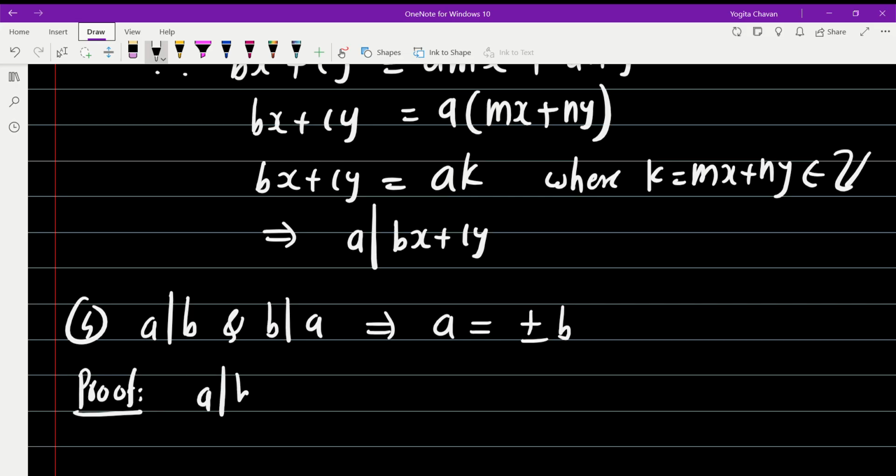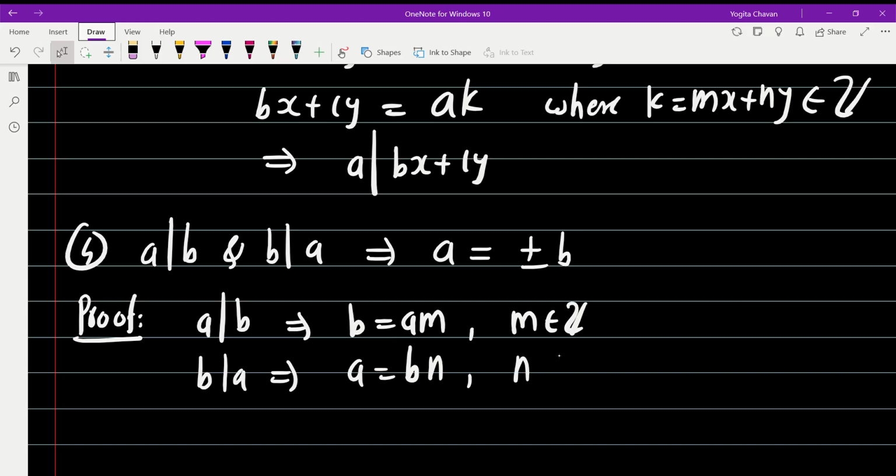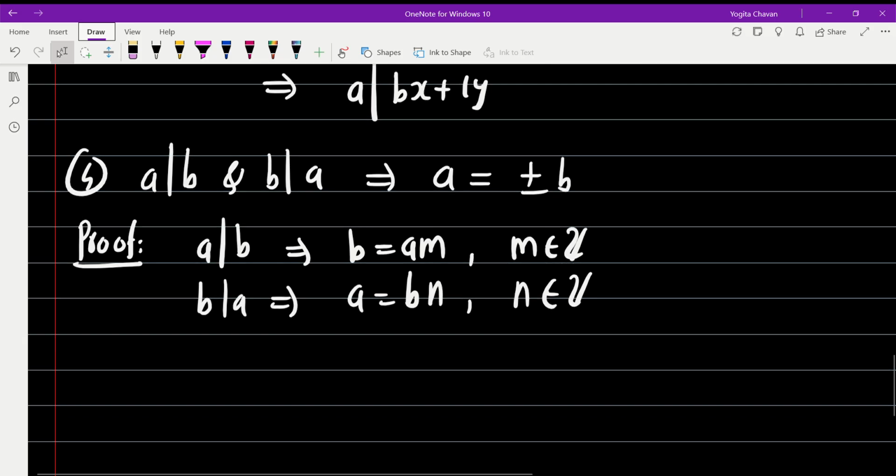A divides B, this implies B is equal to A into M, where M is some integer. This is by definition of divisibility. Now B divides A, this implies A is equal to B into N, for some N belongs to Z. There will be some integer N such that A is equal to B into N.